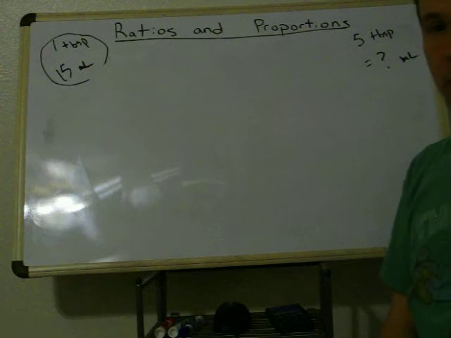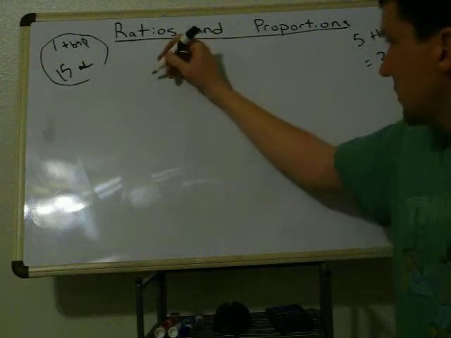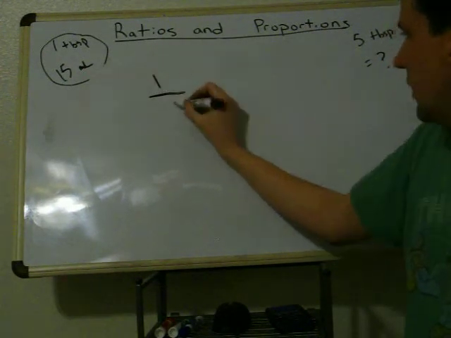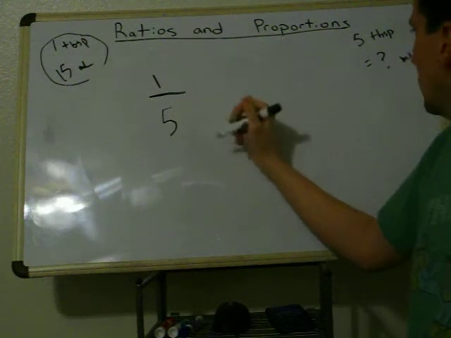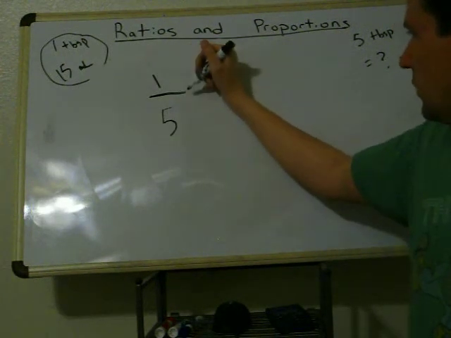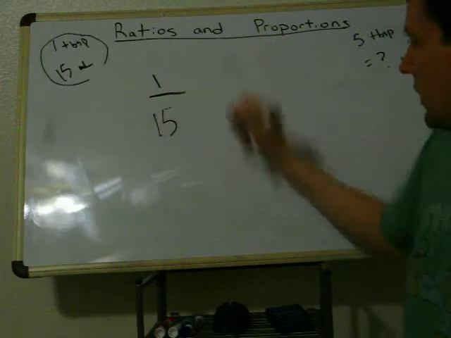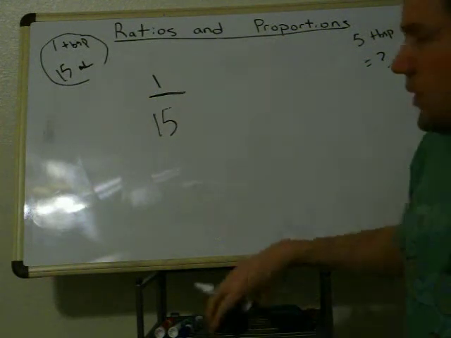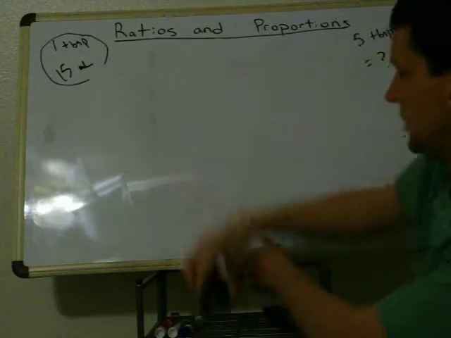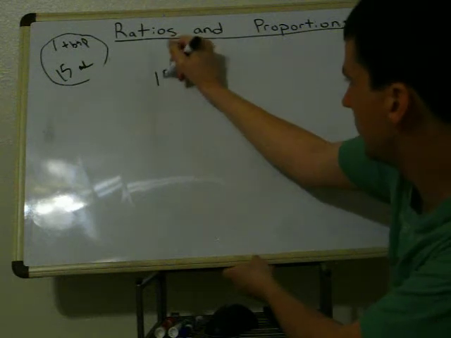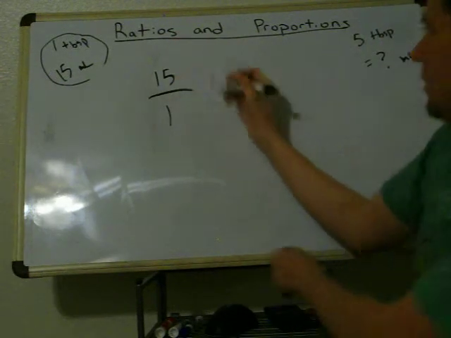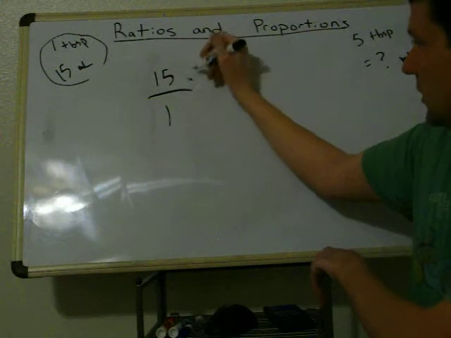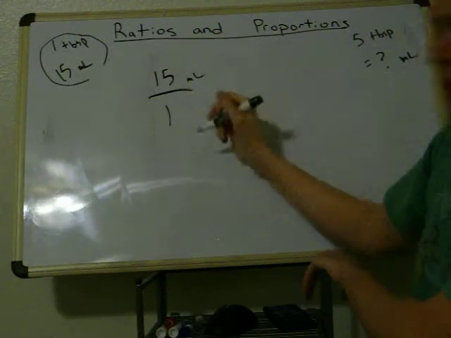So again, we're going to set up our ratios. Actually, just for fun, I'm going to say 15 to 1. So we have 15 milliliters in 1 tablespoon.